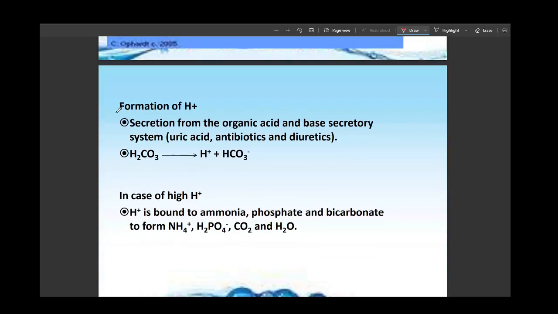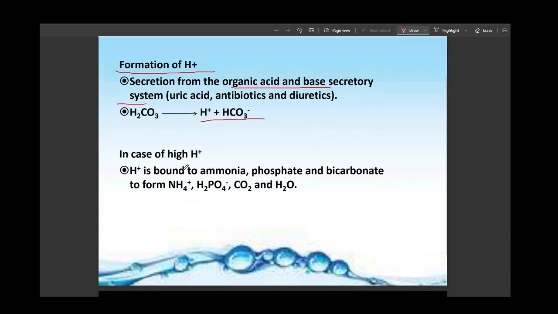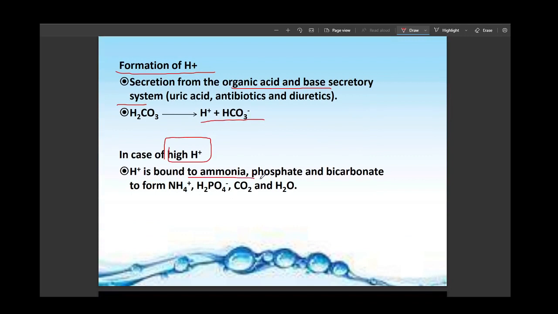So formation of hydrogen, its secretion is from the organic acid and base secretory system, uric acid, antibiotics, and diuretics. Basically, the bicarbonate is converted to hydrogen and HCO3. In case of high hydrogen, it is bound to ammonia, phosphate, and bicarbonate to form NH4 and so on.